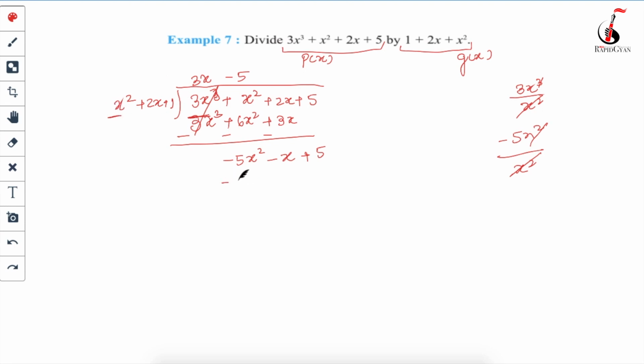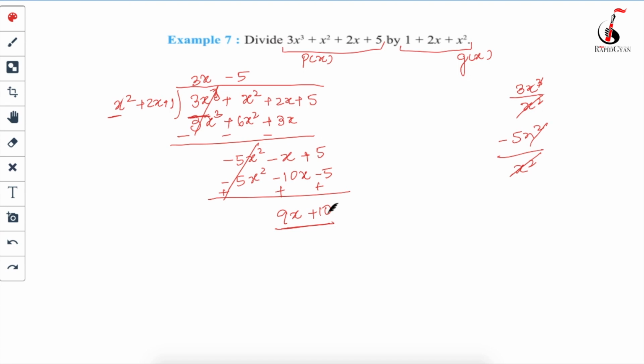You will get minus 5x square minus 10x minus 5. Now subtract it. This minus will become plus, this minus will become plus, this minus will become plus. So this will cancel out. Minus x plus 10x is your 9x, and 5 plus 5 is your 10.